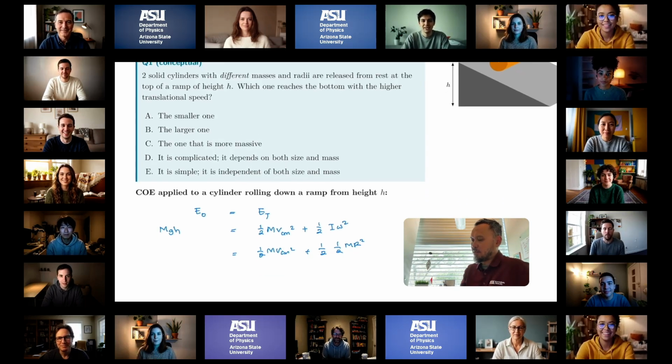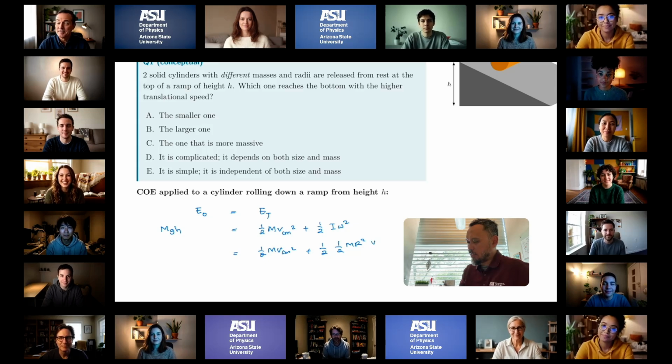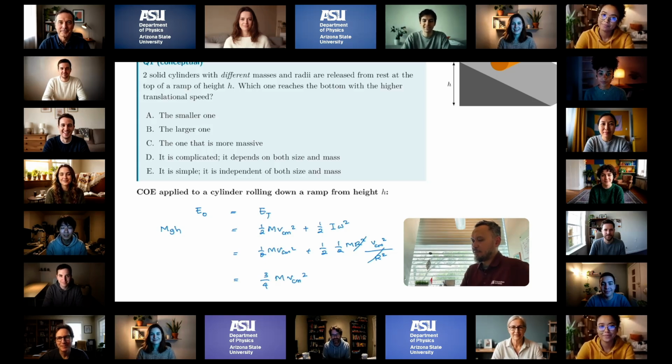For rolling without slipping, omega is equal to v center of mass divided by r, so I omega squared gives 1/4 m v squared. This is equal to 1/2 plus 1/4, so 3/4 m v squared. This is equal to mgh, on the left.